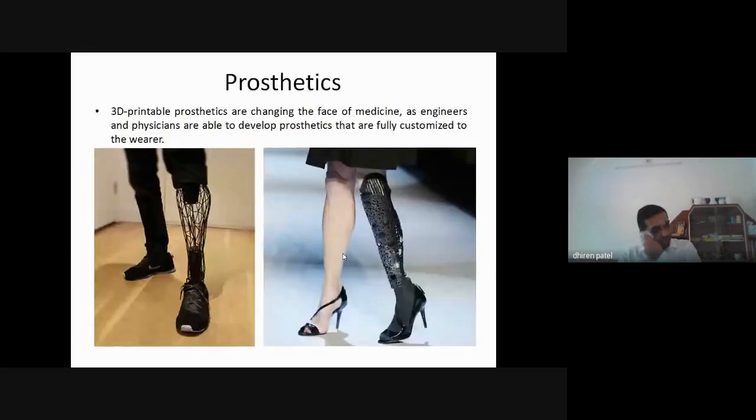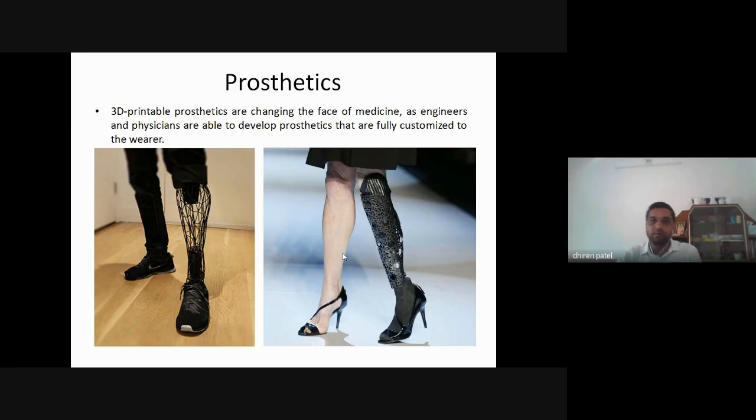The next is prosthetics. There are three types of prosthetics which we have seen. Aesthetic ones are fitted just to show the person having an organ, the second is mechanical, and the third is bionic. Here you can see some 3D printed prosthetic legs.